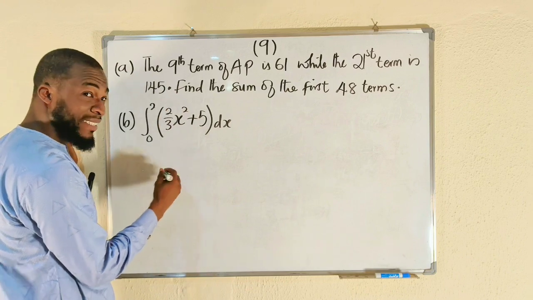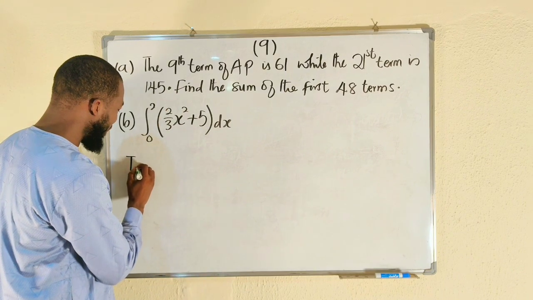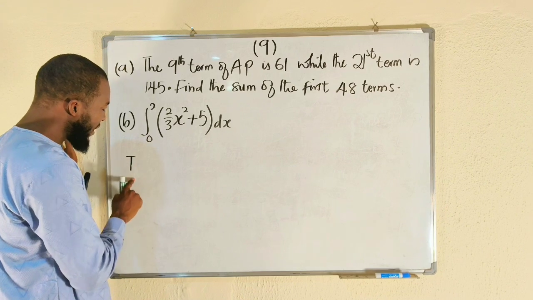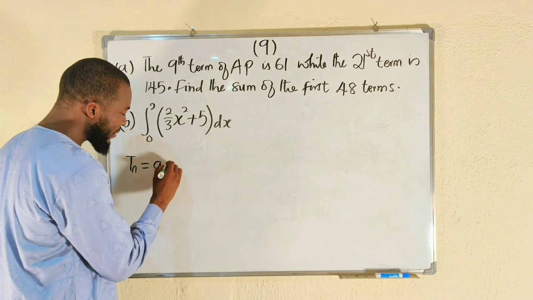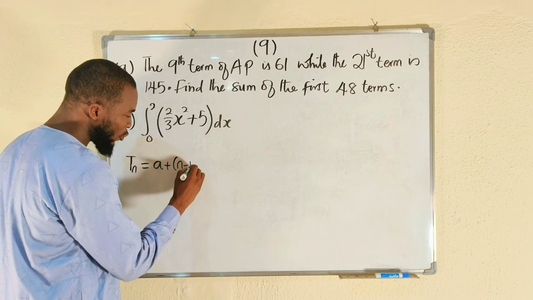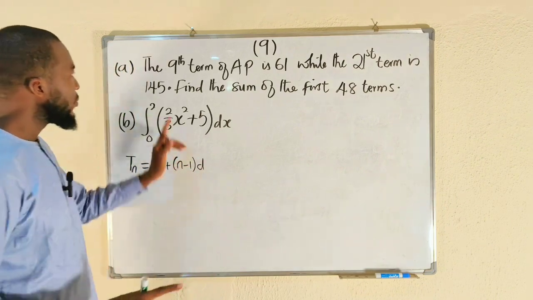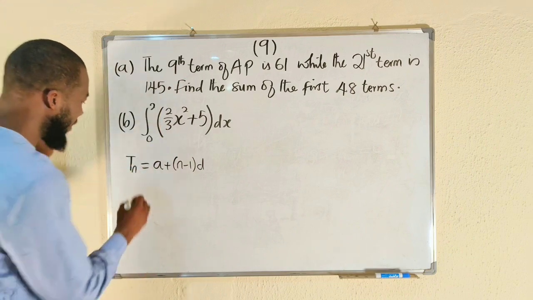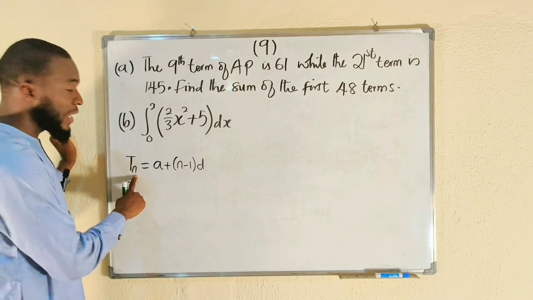Term number 9, T9, is given. Remember, every single term Tn is equal to A plus n minus 1 multiplied by d. So what about term number 9? That is T9, for which n is equal to 9.